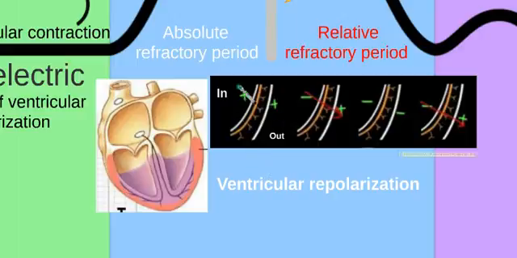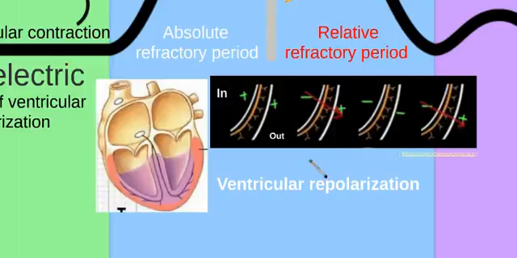But remember, when we look at depolarization, we're looking from the inside out. So we have this depolarization happening in this direction. We have this vector going from the negative to positive side. And when we hit repolarization, so now we're fully depolarized, when we repolarize, we actually work from the outside in. So we work from the epicardium to the endocardium, and that creates the same vector as the depolarization.